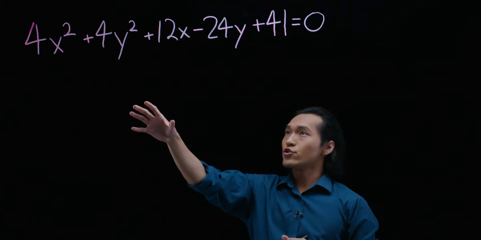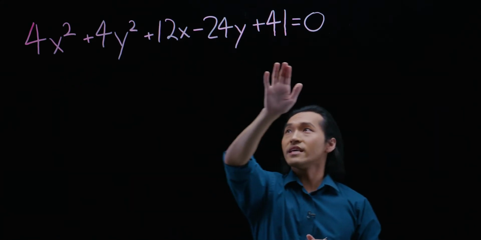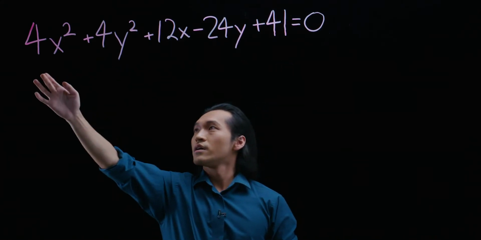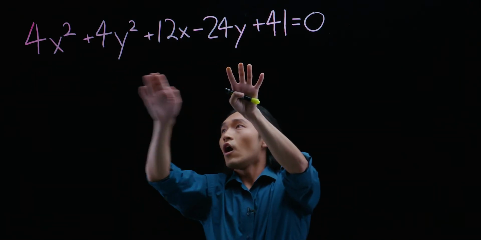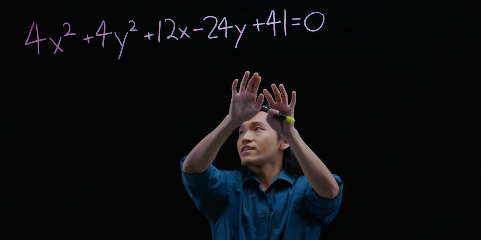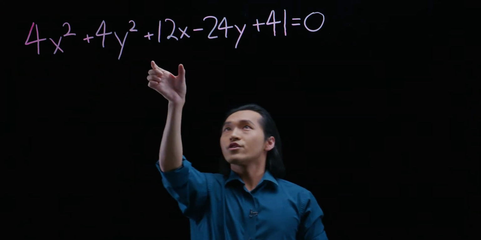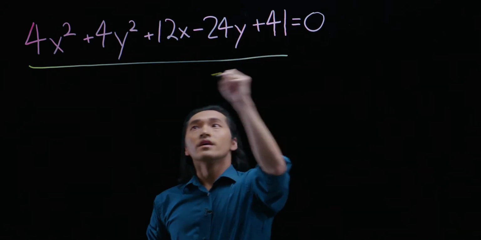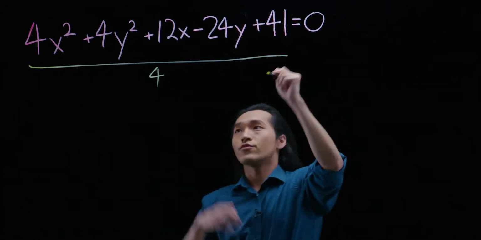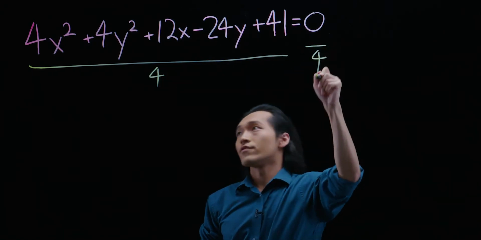So the first thing we can do is divide everything here by 4, because we can see that these 4 terms all have the common factor of 4. Each of these could be divided by 4. So let's divide everything by 4. And of course, if we divide this side by 4, we have to divide this side by 4.